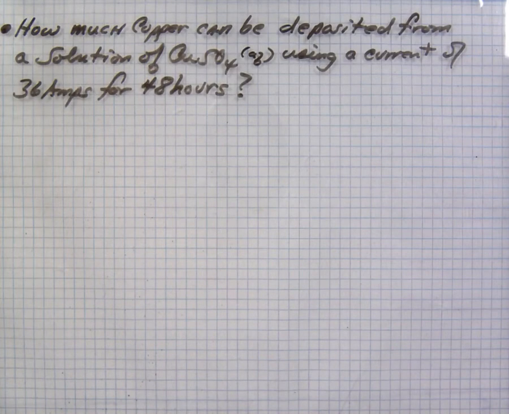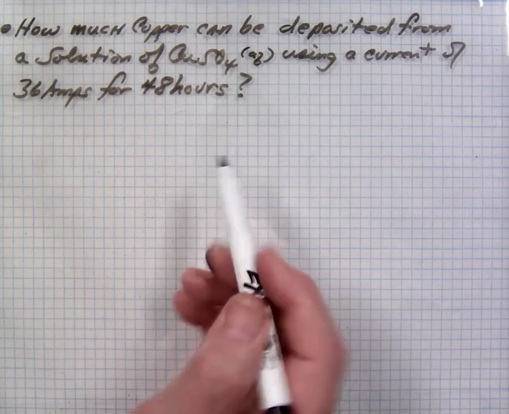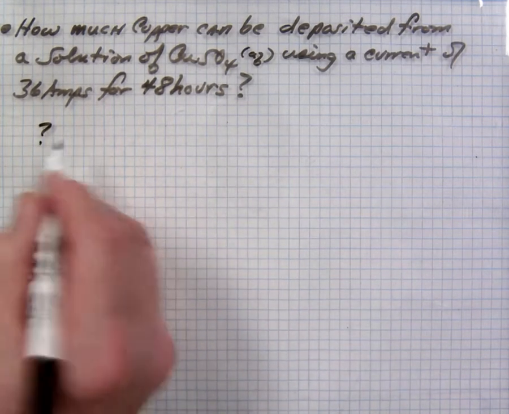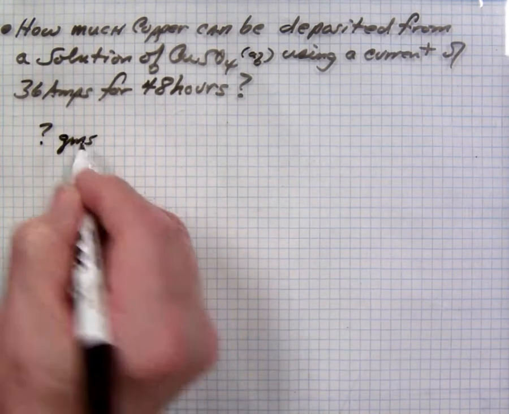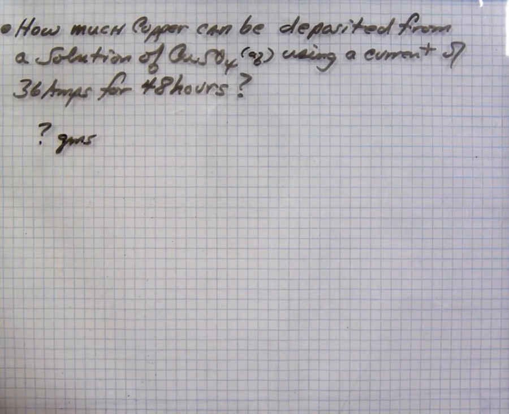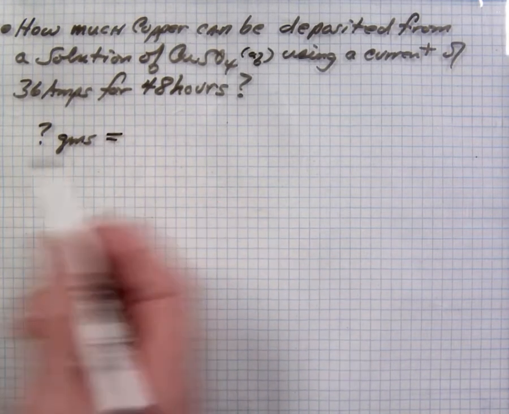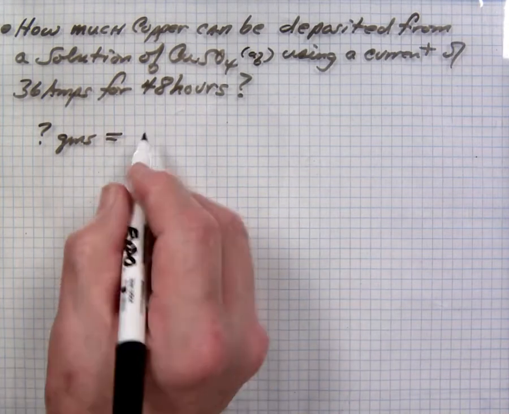Okay, for our first example, here's a problem. How much copper can be deposited from a solution of copper sulfate using a current of 36 amps for 48 hours? Now, of course, we're going to use dimensional analysis, and so the basic problem is how many grams, we'll use grams in this case, can you deposit using a current of 36 amps for 48 hours.